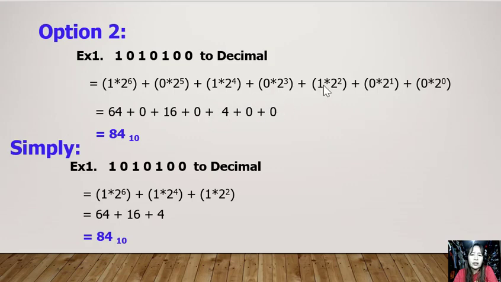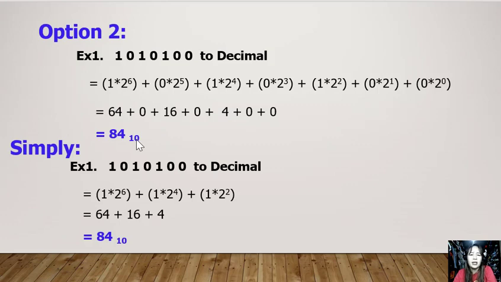And then the next one is 1 times 2 to the power of 2, that's equivalent to 4. And these last two numbers are both equivalent to 0, because 0 times 2 to the power of 1 and 0 times 2 to the power of 0 are both equivalent to 0. So 64 plus 0 plus 16 plus 0 plus 4 plus 0 plus 0 is equivalent to 84.